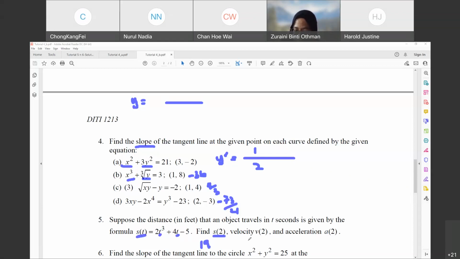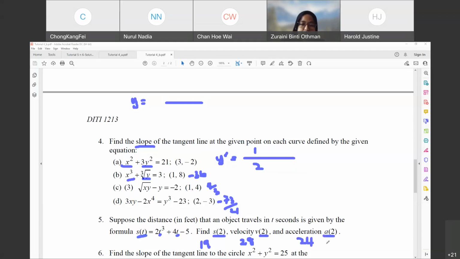Jawapan dia nanti ialah 28. And for the acceleration is you find this S(t) at second derivative, then you will get acceleration at t is equal to 2. The answer is 24. This is the final answer for this question.